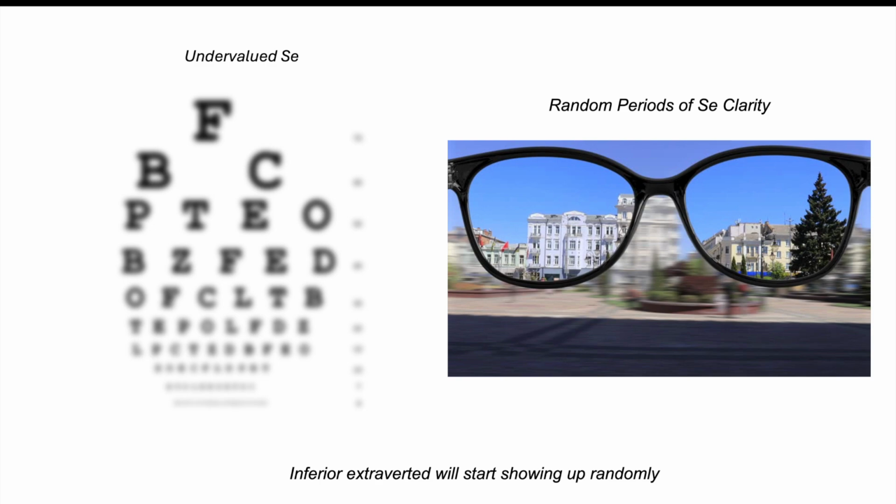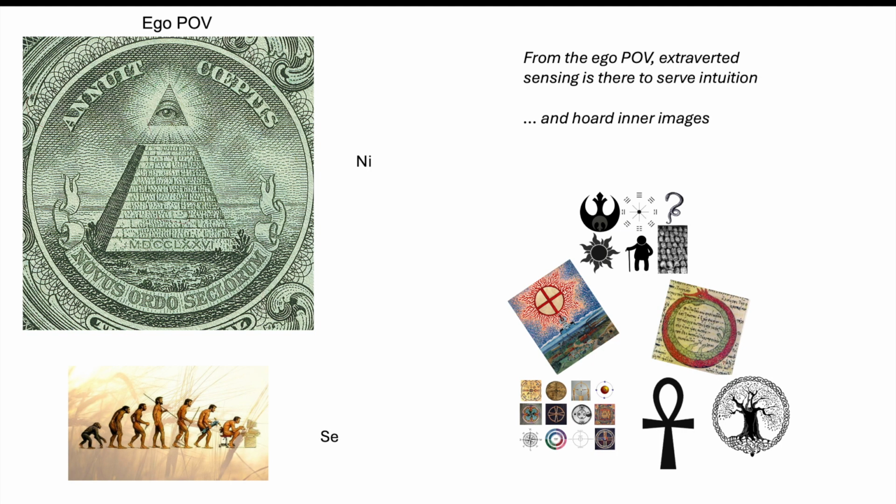Then you may have these random periods where you're all of a sudden taken into extroverted sensing for a brief period, and you don't really know why. And the reason this happens, quote unquote, theoretically, is because from the ego's perspective, your introverted intuition is the all-seeing eye, the eye of providence, right?